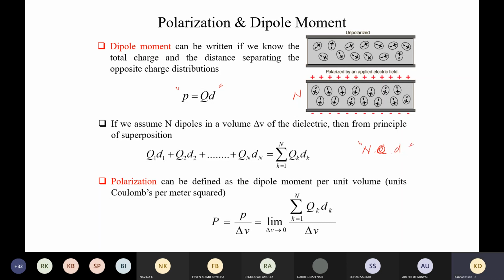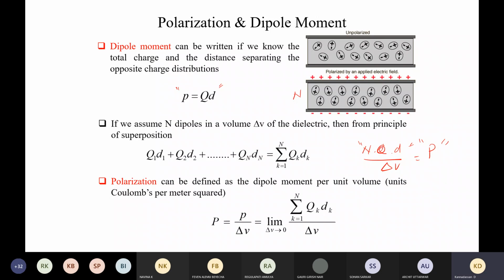This is the approximate value, and if you divide per unit volume, you get the net electric field induced, which is often referred to as polarization. So the polarization is nothing but the electric field induced by the dielectric material because of the external field, and it will most probably be opposite to the field direction, sometimes in the same direction. It purely depends on the way the dipole moment is oriented.